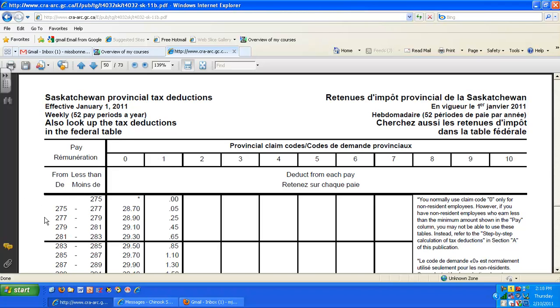And you will notice that anything from 0 to 275 in a claim code 1, the amount is 0, so you do not have to pay any provincial taxes if you only earn $256. Okay, I'm going to pause, and we're going to have a look at some of the other methods of pay periods.